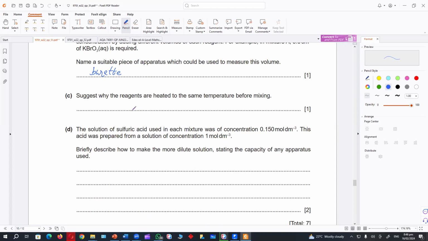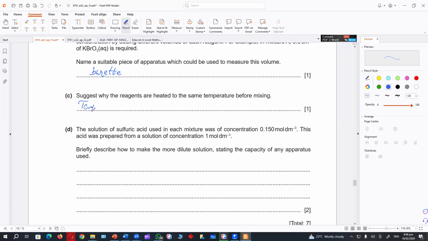Suggest why the reagents are heated to the same temperature before mixing. So is he maintaining the temperature as a constant variable? Yeah, because temperature is also a major factor which affects the rate.